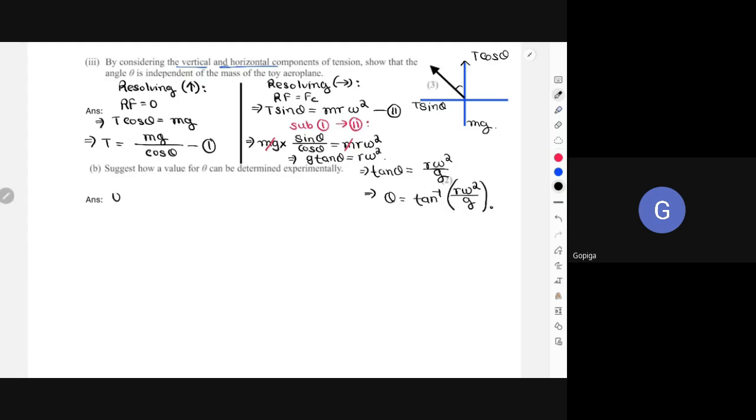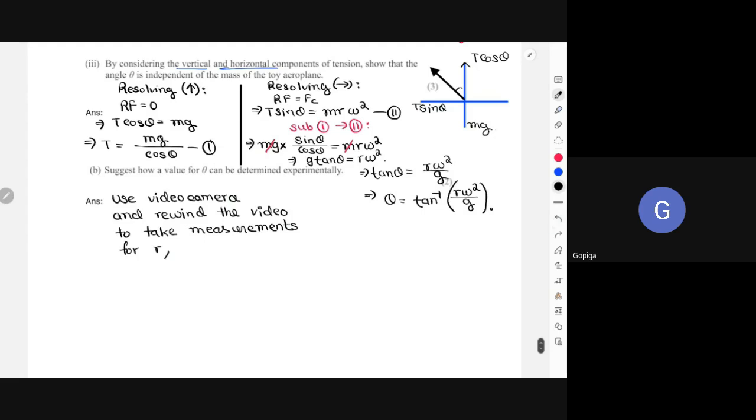Right, so just write that: use video camera and rewind the video to take measurements for radius.